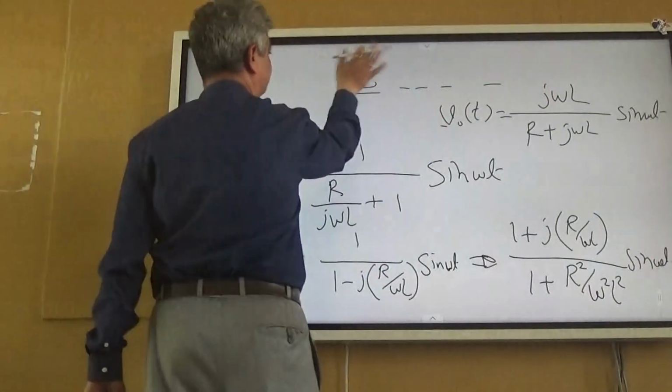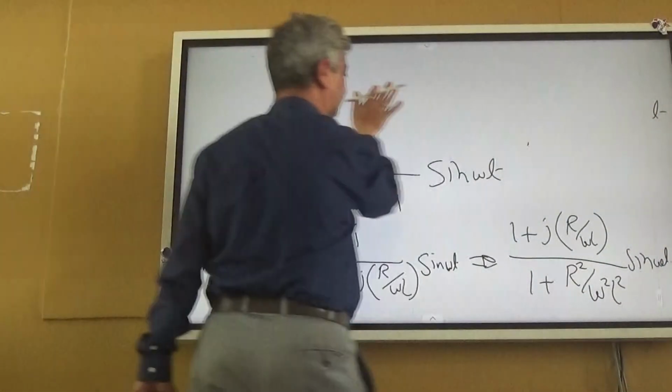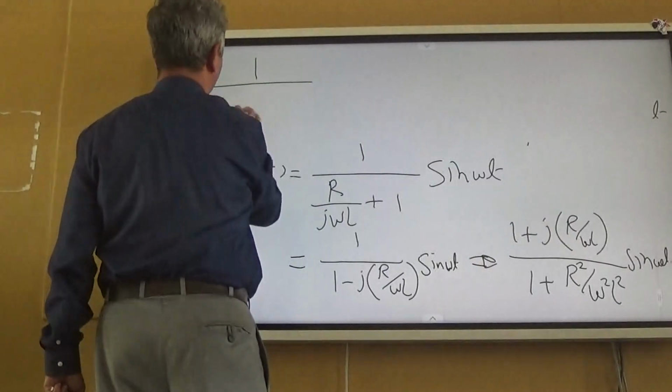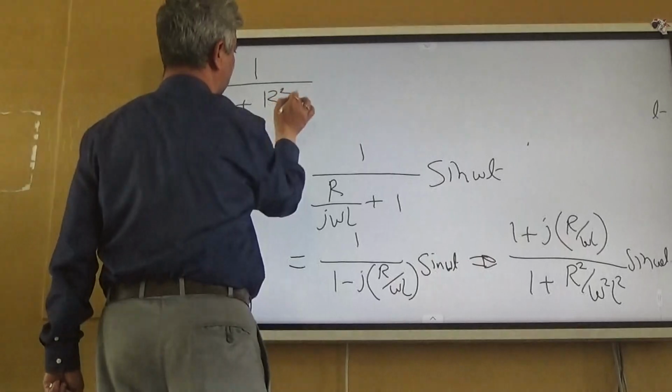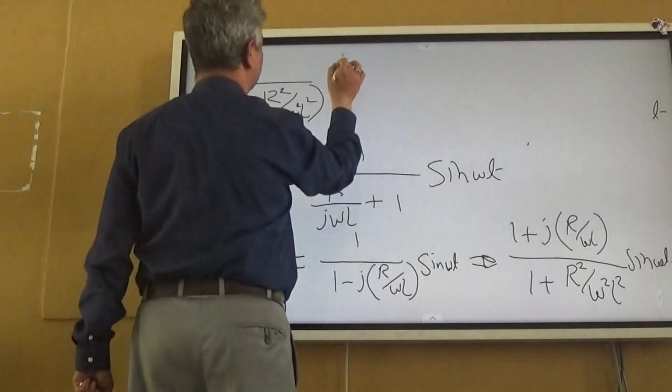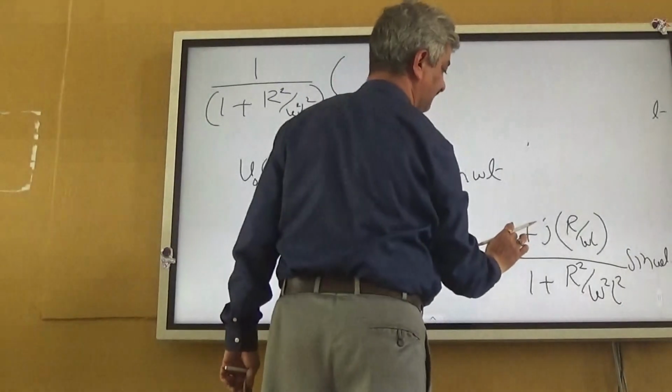So then it is 1 upon 1 plus R square upon omega square L square as it is, into bracket. What is the magnitude?